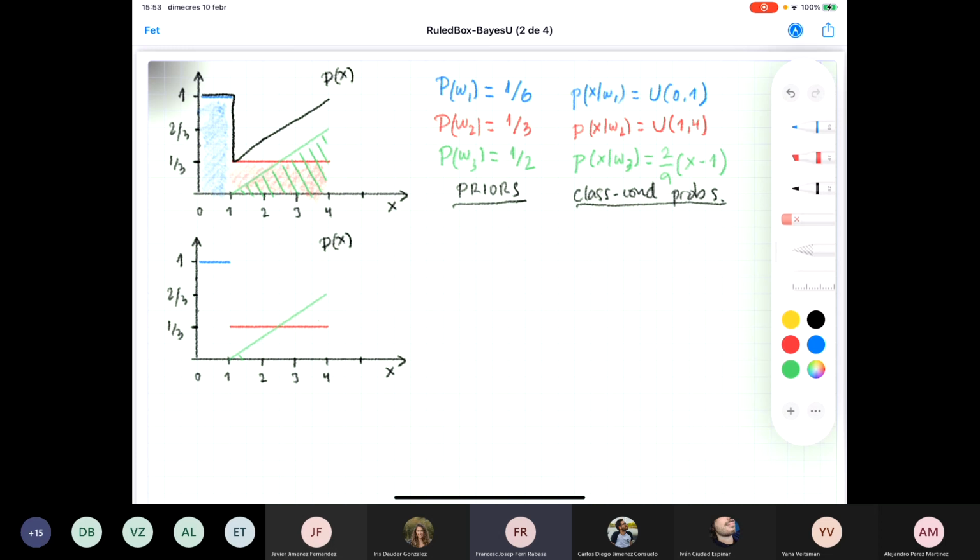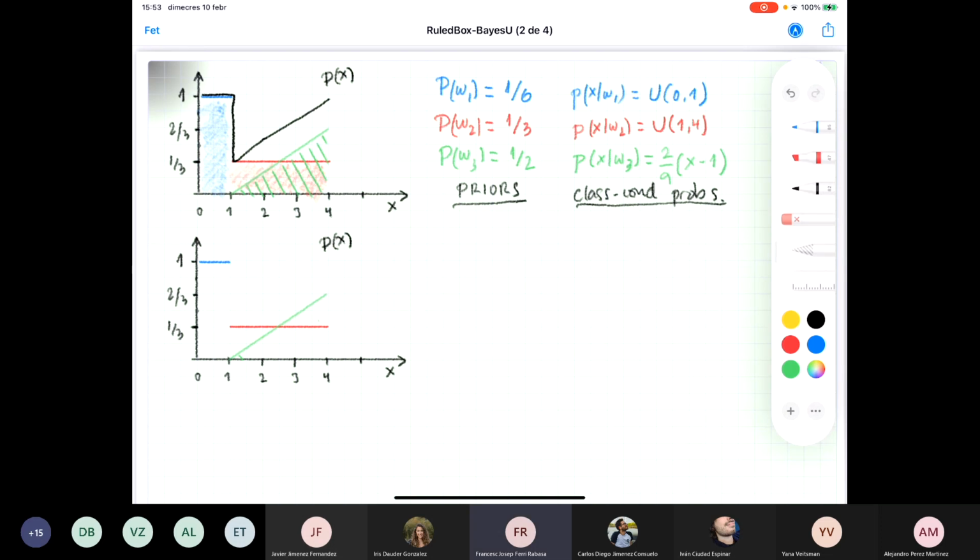For example, this blue line has to be multiplied by 1/6. Okay?